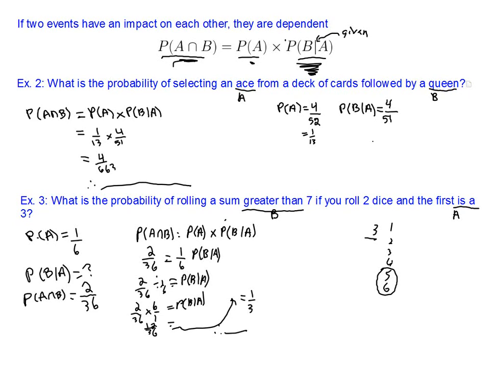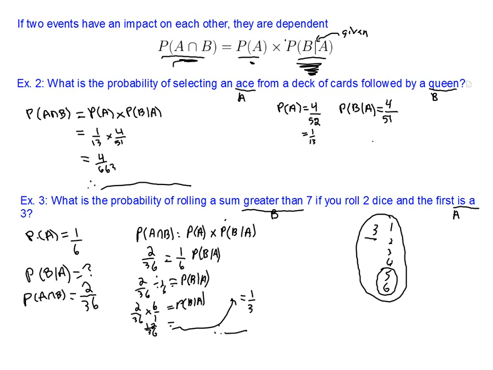And yeah, that's how we can use the formula for dependent events to calculate probabilities. So the other option would be to look at actually listing the outcomes, kind of like we did over here. So we looked at all of the outcomes here. Probability of getting a sum greater than 7 if you know that your first die is a 3.